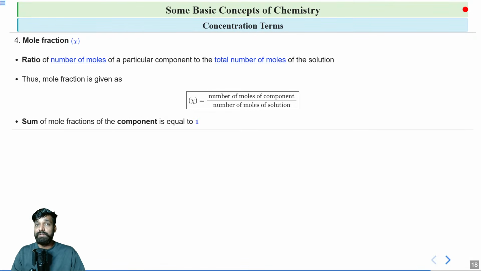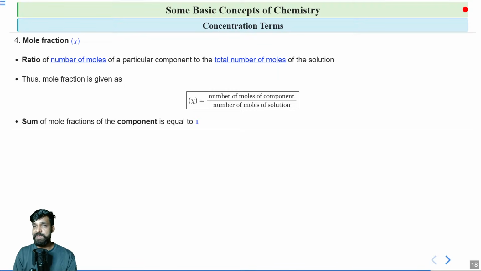If you add the contribution from each friend, you will get your whole cake, which was your 1 unit cake. Similar to that, you have this mole fraction. You have a gas containing a number of moles, and you are taking a fraction of that particular component. If you take the fractions of all the components present in that mixture and add them together, you will get your whole gas, and that is the reason you are getting 1.